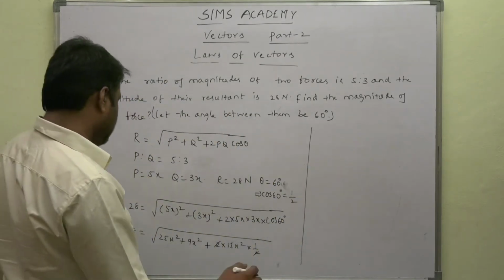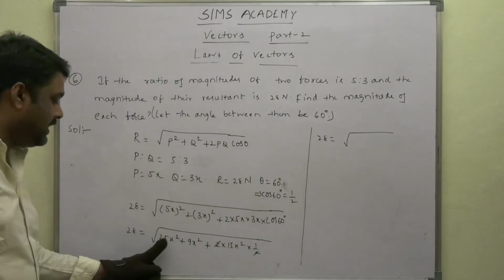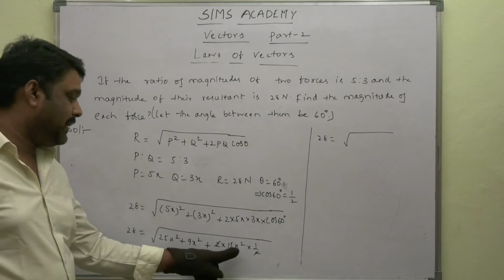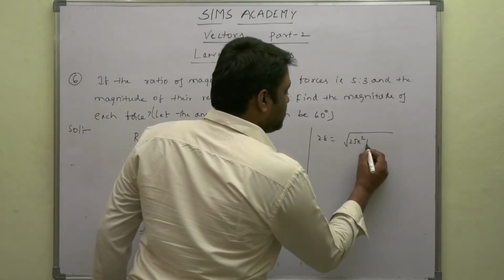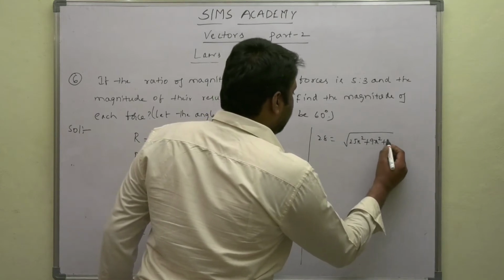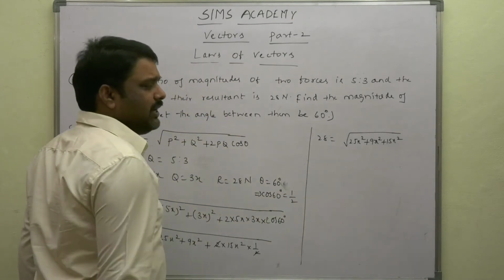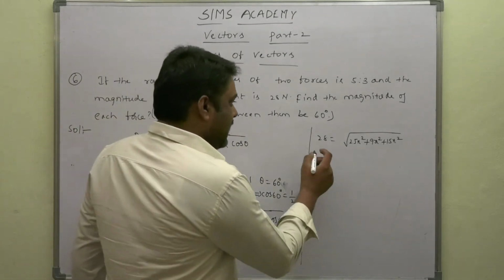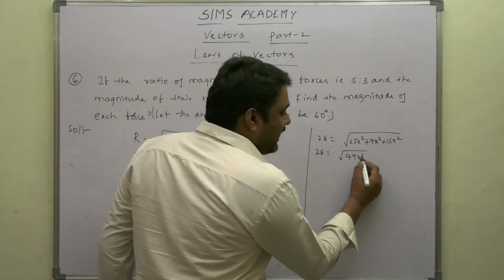Now we are left with 28 equals under root of 25x square plus 9x square plus 15x square. 25 plus 15 is 40, 40 plus 9 is 49. 28 equals root 49x square.